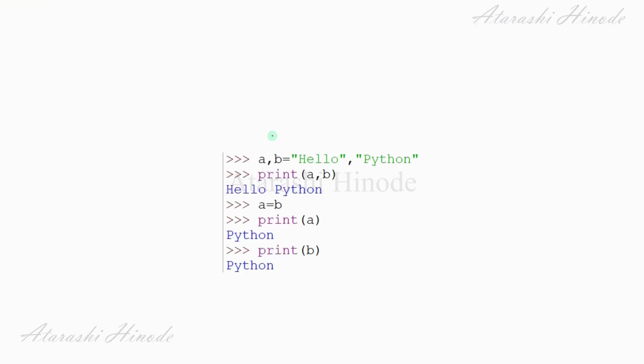As you can see in the first example, initially the data of the variable a was hello, and the value of b was Python. And for swapping, we used the wrong command: we assigned b to a, but we couldn't assign a to b.